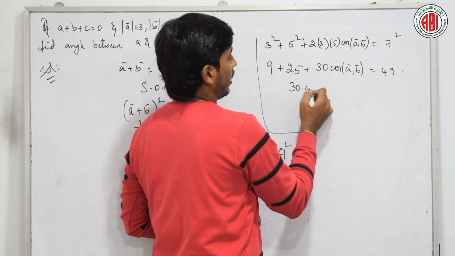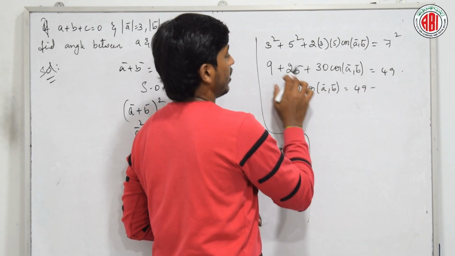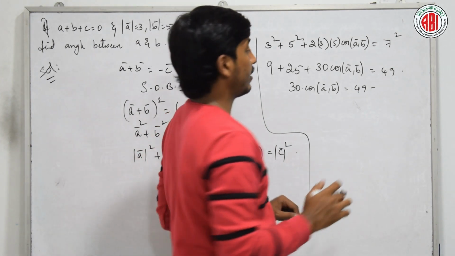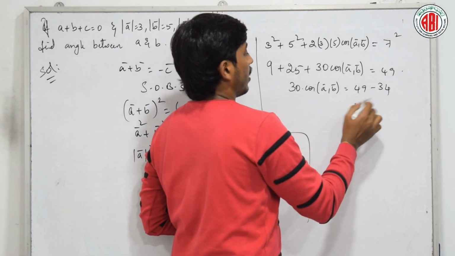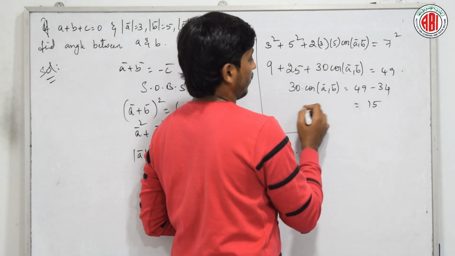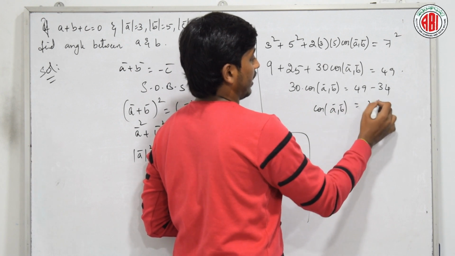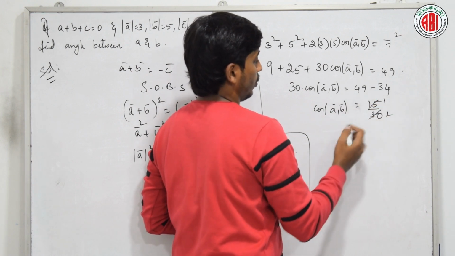Now 30 cos a comma b is given by 49 minus 25 plus 9, that is 34. How much is it? 9 minus 4 is 5, 4 minus 3 is 15. Cos a comma b, that is 15 by 30, 1 by 2.